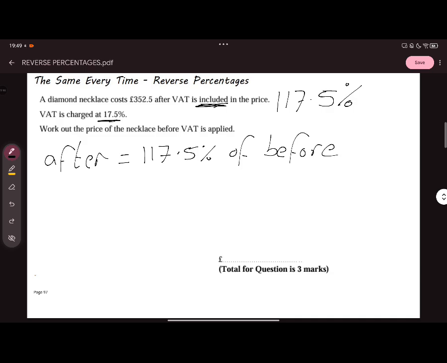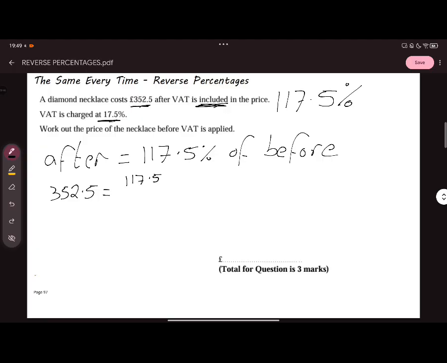So we've added 17.5% to the before price. So the after price is 117.5% of the before price. They do tell us the after price, don't they? There it is, 352.5. So 352.5 is 117.5%.